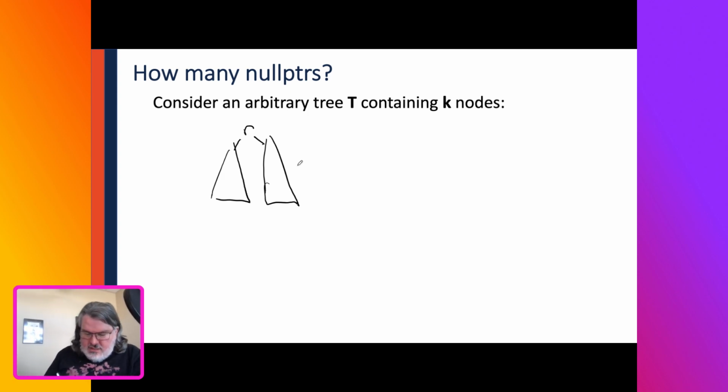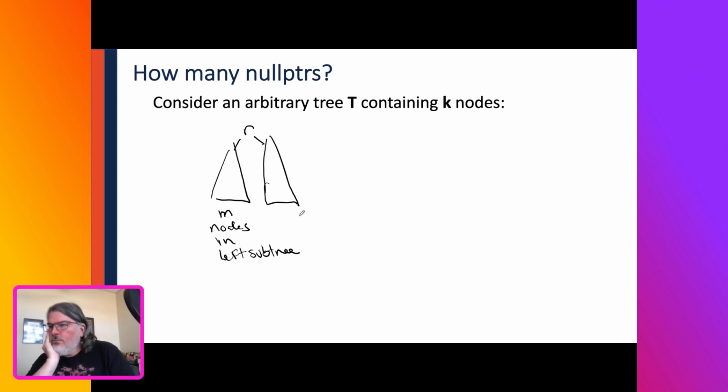So we're going to say that there are m nodes in the left subtree. Okay? And we're just choosing that. We haven't said how many. We haven't constrained m in any way. But it's a real number of nodes, so it's 0 to k minus 1, right?